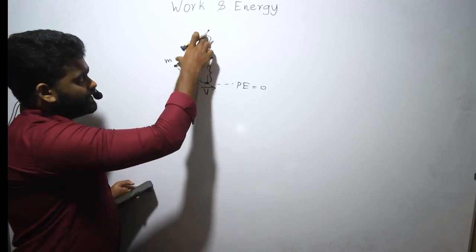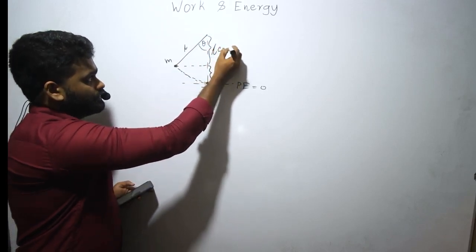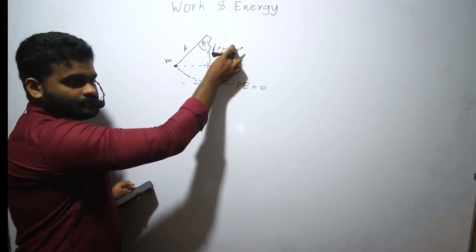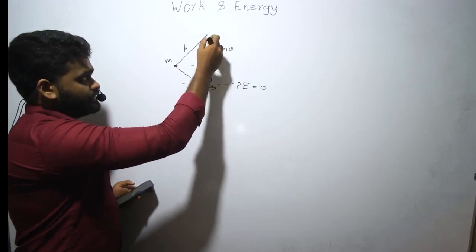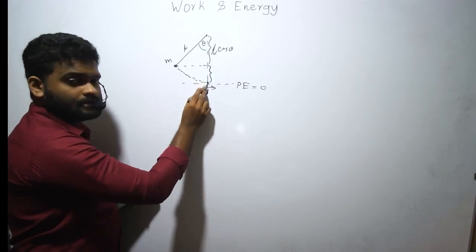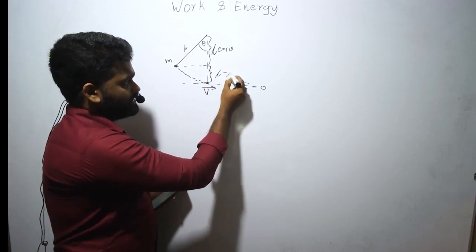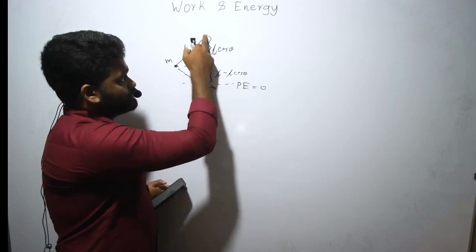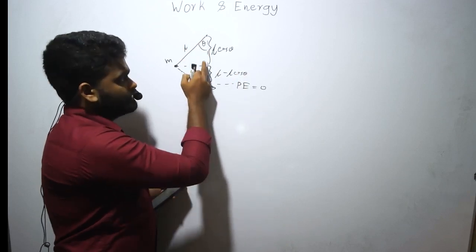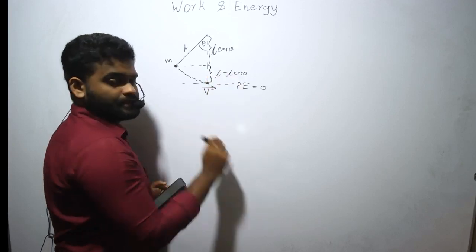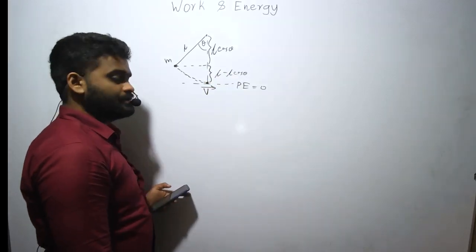So let's say this is L cos theta. Yeah, this is L, this is the adjacent side, so this becomes L cos theta. This is the total length of the string, so this length should be L minus L cos theta. So I just found that.